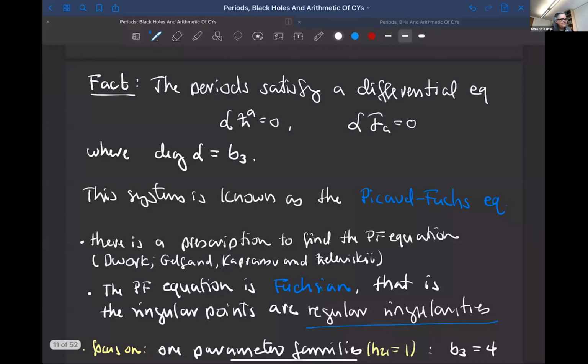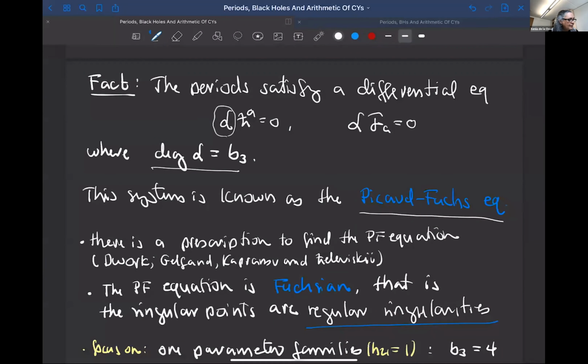what comes next is the fact that you can compute them. In fact, they satisfy a differential equation called the Picard-Fuchs equation. And this is a linear differential operator of degree B3, where B3 is the third Betti number. So they are computable.